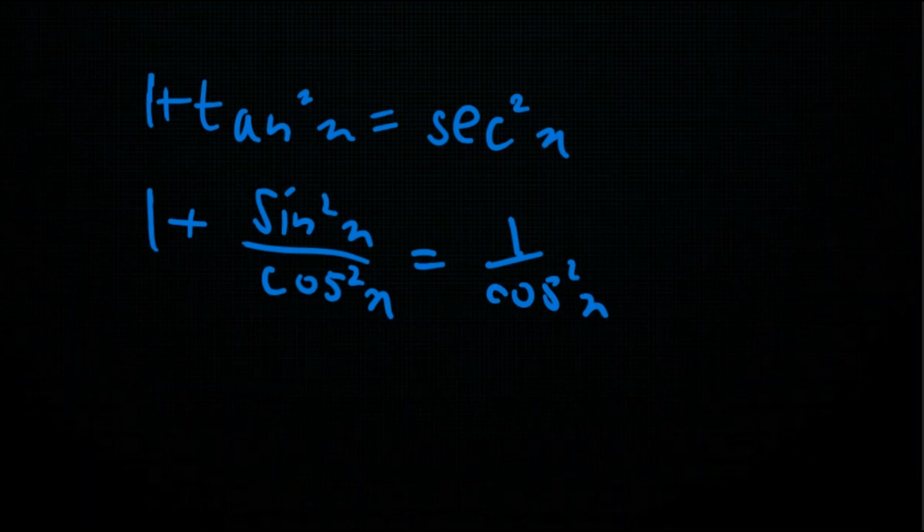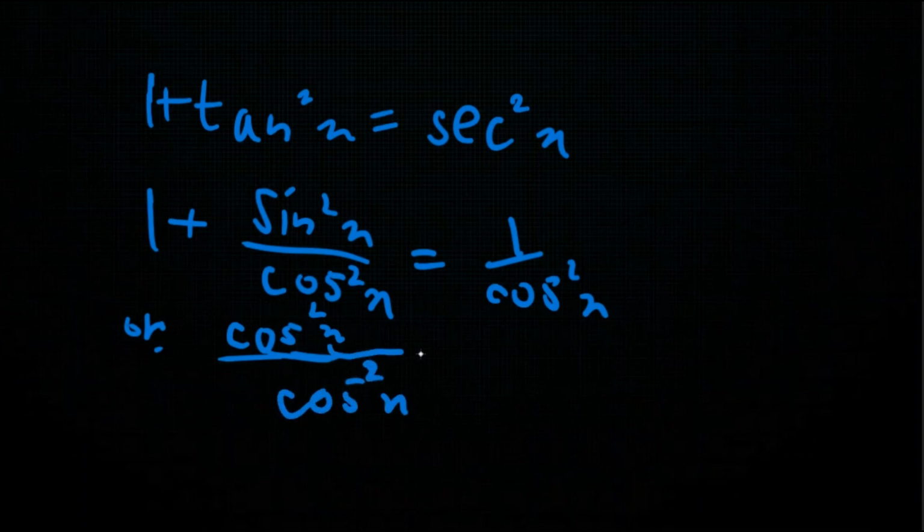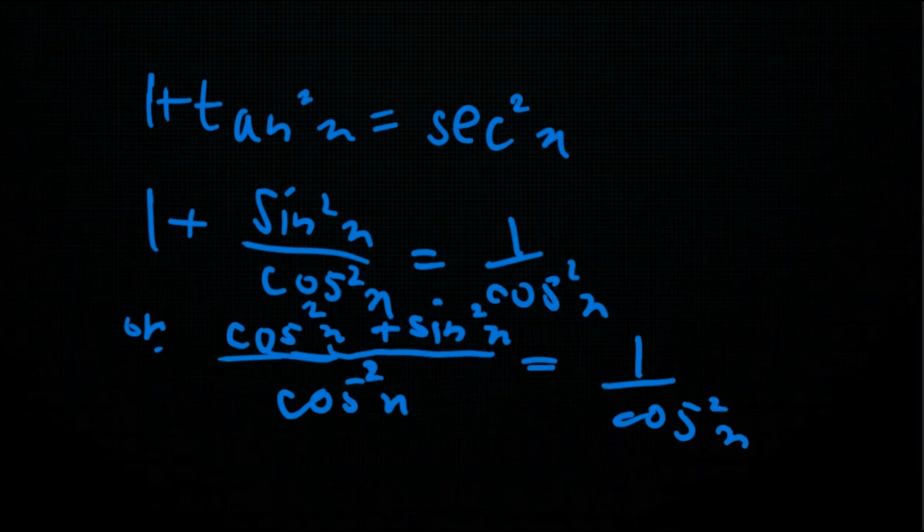So now let's combine the two terms on the left side by matching the denominator, which will be cosine squared x plus sine squared x over cosine squared x, equals 1 by cosine squared x.